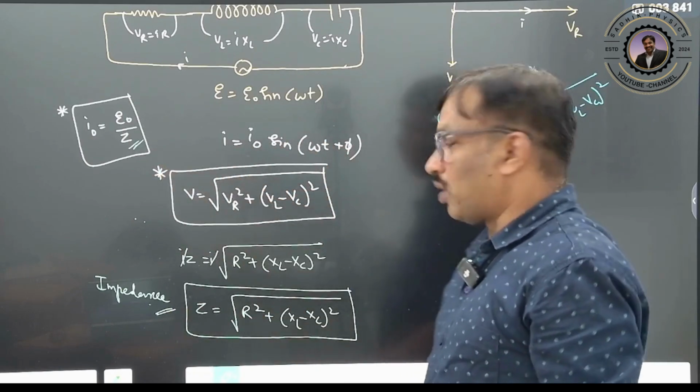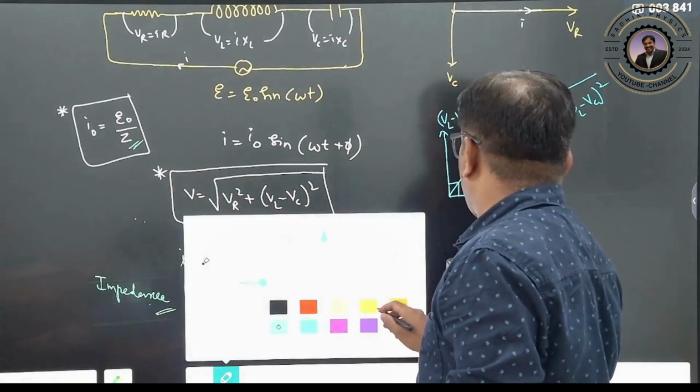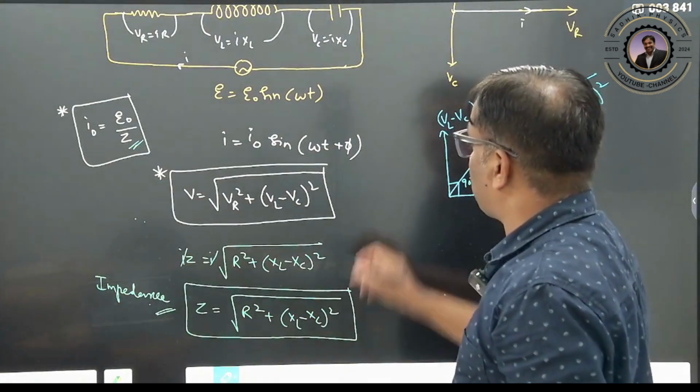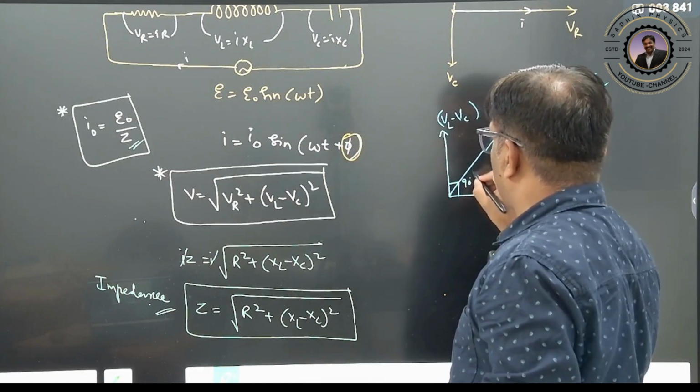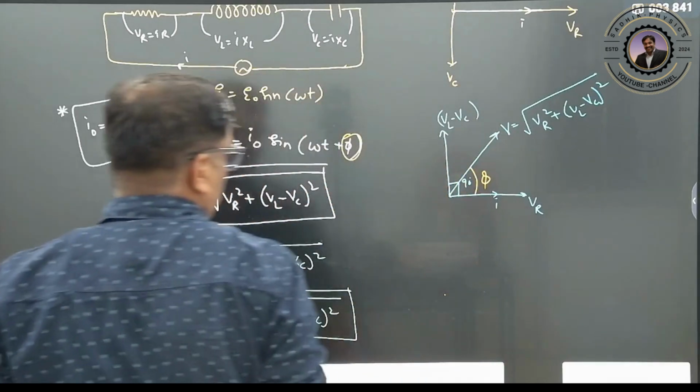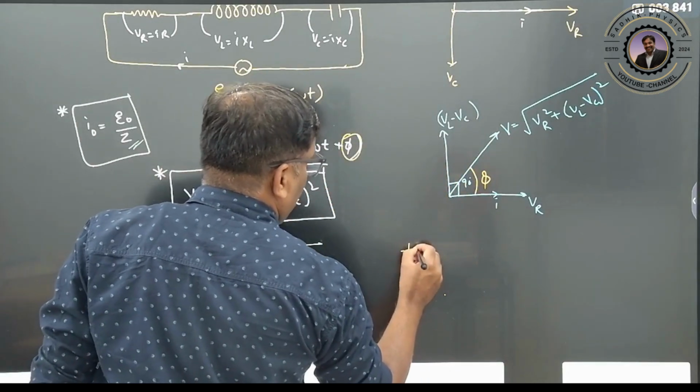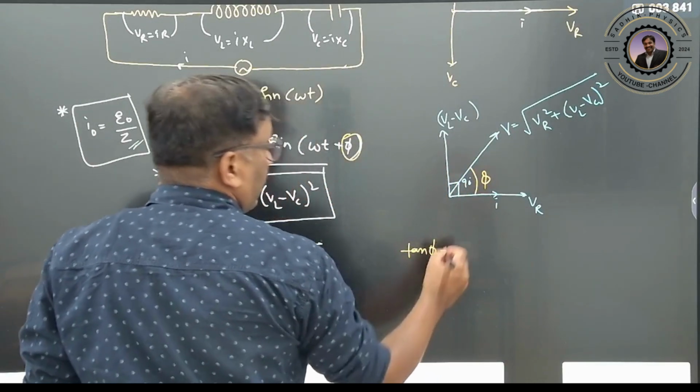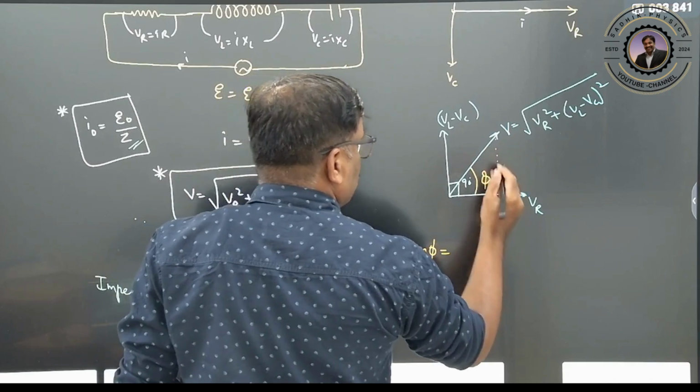Right? So now again I should know what your phase difference will be. Clear? So this will be your phase difference. How to calculate this phase difference now? Here it will be tan phi, where this is our opposite side.